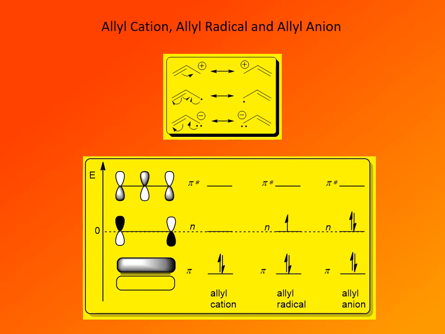One electron pair belongs to the pi orbital, the next fits into the non-bonding orbital. Again, non-bonding doesn't count, so bond order is 1. So according to molecular orbital theory, allyl cation, allyl radical, and allyl anion all have the same bond order of 1, and that means they are all equally stable.